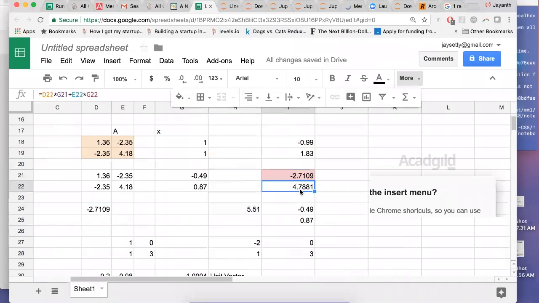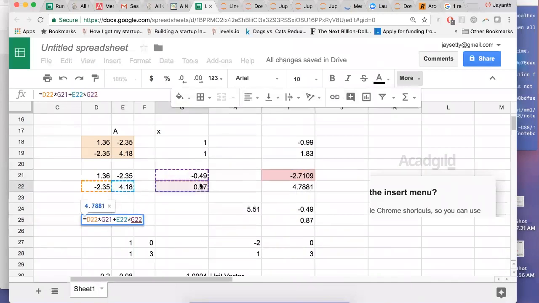Similarly, how do I get the second matrix element? I take minus 2.35 into minus 0.49 plus 4.18 into 0.87. Okay.